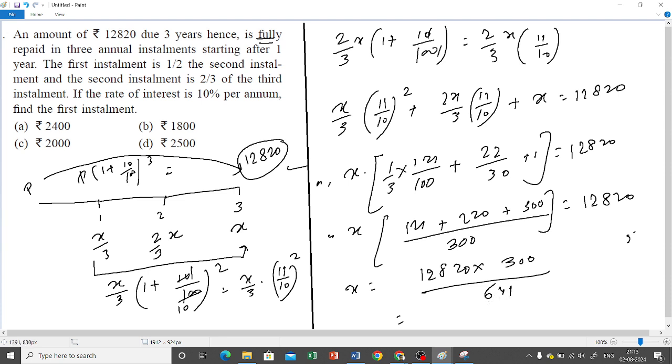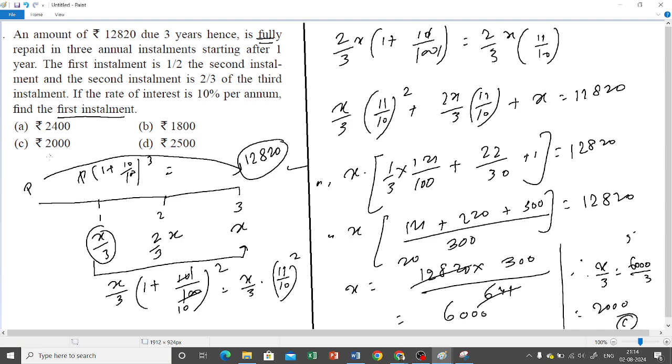So if I solve it, this will be out of 2, it's going to give me 6000. And the question is, what is the first installment? The first installment is x by 3, that is 6,000 by 3. That is going to be 20,000. 2,000, sorry. This is the answer.